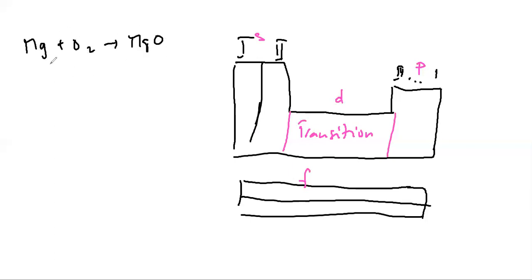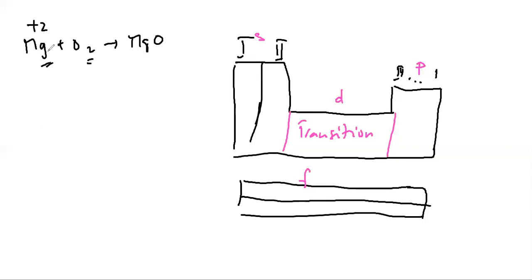In the previous video, I shared that Mg is a metal and O is a non-metal. When these two atoms become ions, they will form MgO. If you're still confused how to get MgO, go to the periodic table and verify in which group Mg is located.